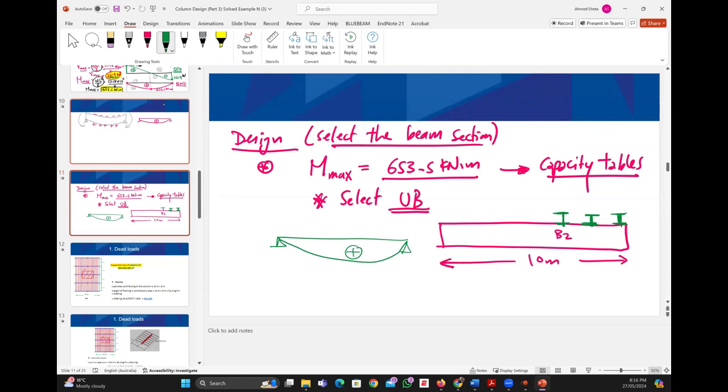Have you seen this before? Lateral restraint. Because the secondary beams will help reduce the buckling of the beam, right? Because they are on the compression side.